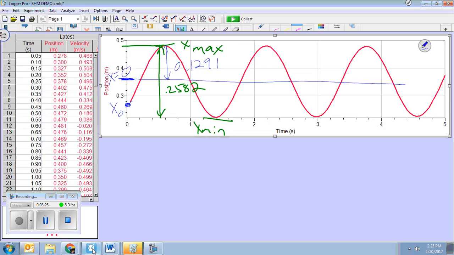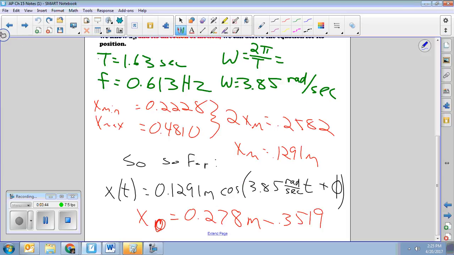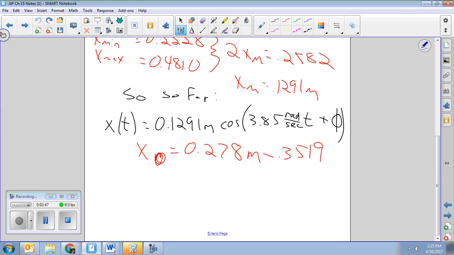I apologize. I'm hesitating because I'm trying to decide if we should go back and redo it where I zero it out, but I think that's more work than we need to go into. So long story short, we figure out our x naught on our new scale, and it ends up being negative 0.0739 meters.